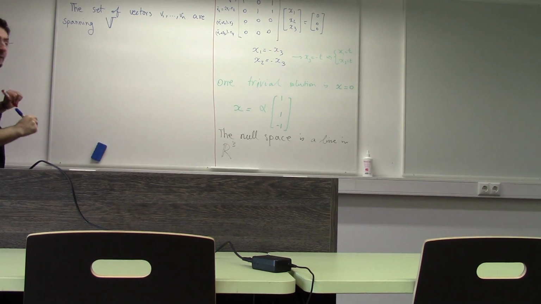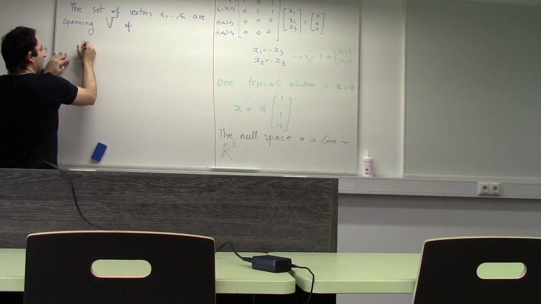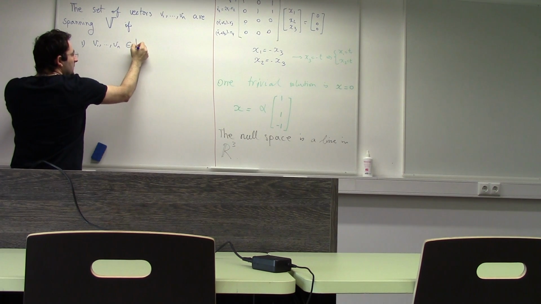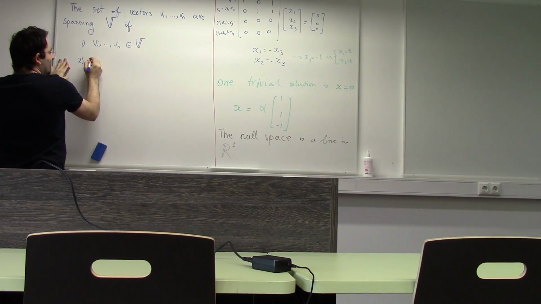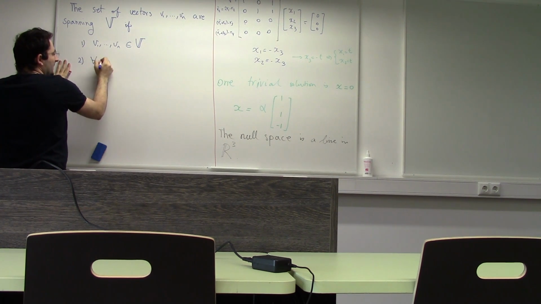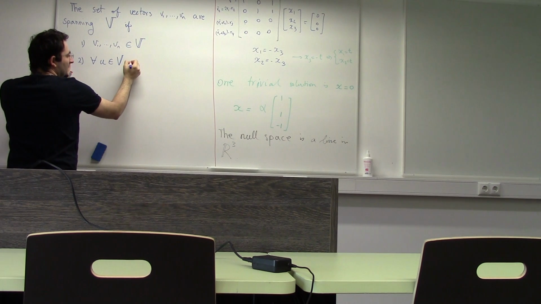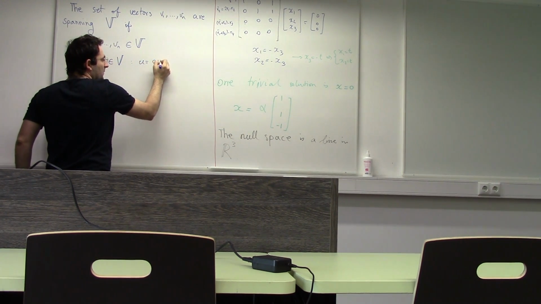So they are spanning the vector space V if, one, v1 till vn all belong to our vector space, and two, for any u belonging to our vector space, we have u is c1 v1 and so on.